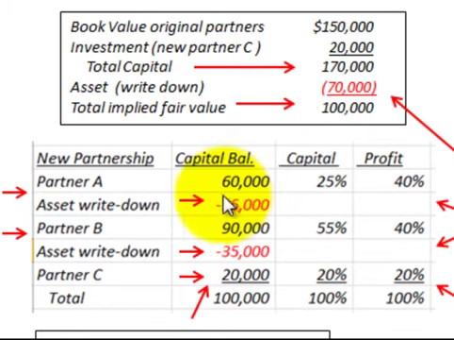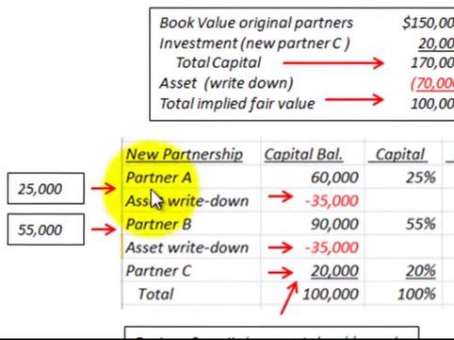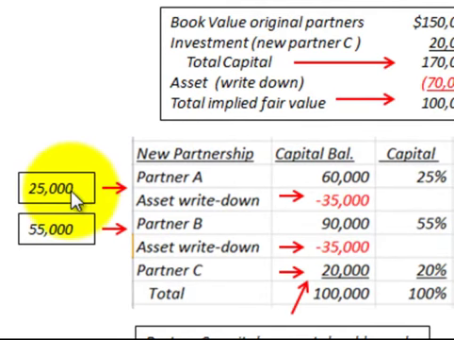After that, the net balance that partner A would have would be $25,000. And then for partner B, they had an initial capital balance of $90,000 before the new partnership was formed, and then they received $35,000 in the asset write-down. So the total balance after the asset write-down would be $55,000 for partner B.